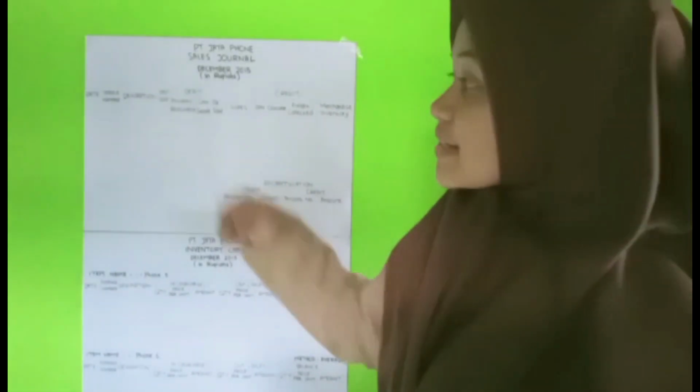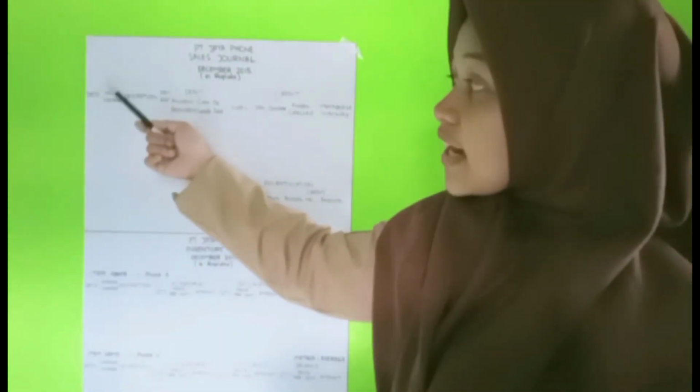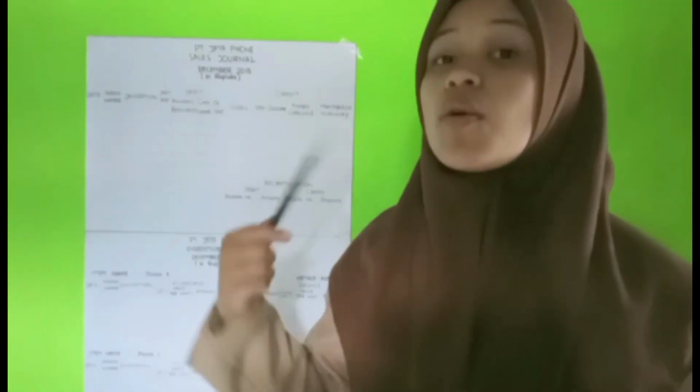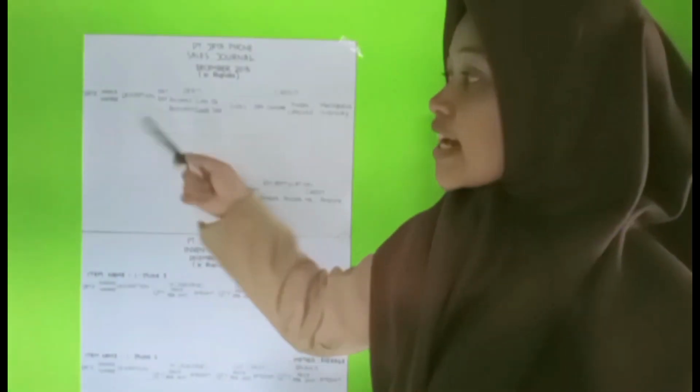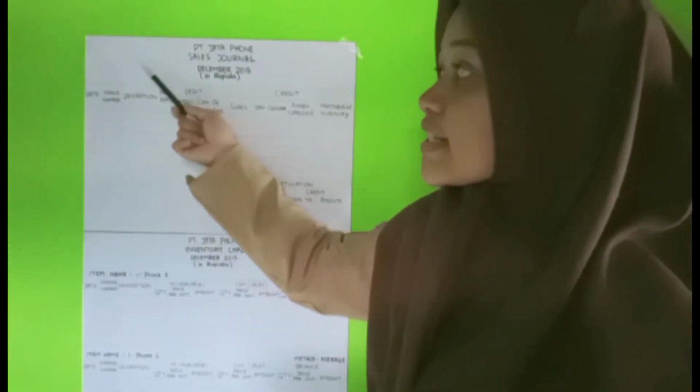For the form of column, the first is the date column, which we use to record the date of transaction. Then the invoice number to record the invoice number as the proof of transaction. Then the description column to write the customer names.